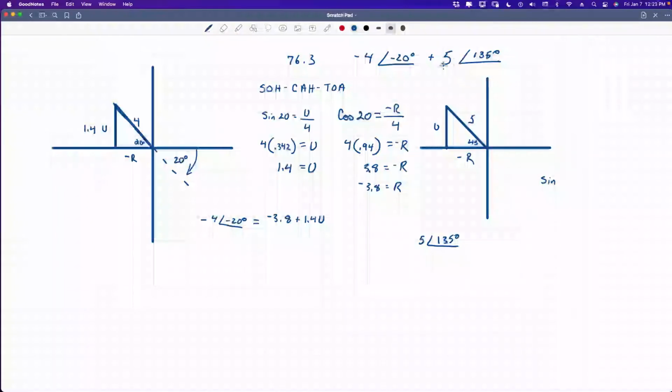That's our hypotenuse right there. So the sine of 45 is equal to, that's the opposite, so that's going to be u over 5. So we're going to multiply everything by 5 to get rid of the denominator. So 5 times the sine of 45 is equal to u.